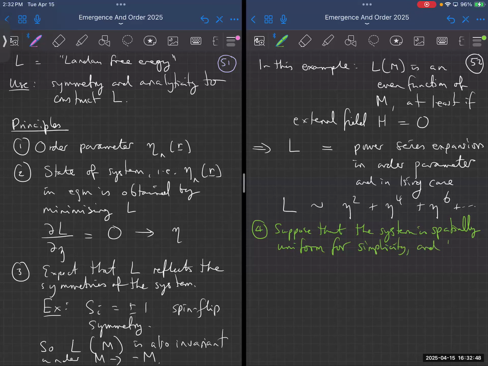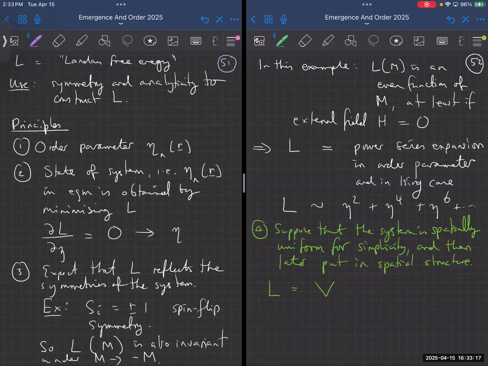And then later, put in the spatial structure. I'll tell you why that makes sense in a few minutes. Okay, so if that's the case, then this Landau free energy must be proportional to the volume of the system, or maybe the number of sites in the system. But remember, once we've made this coarse-grained description, we don't have lattice sites anymore.